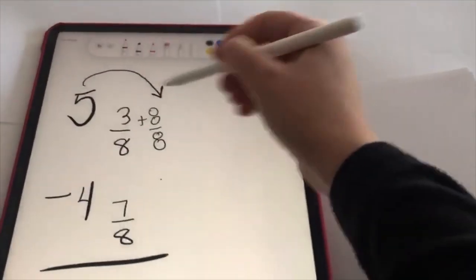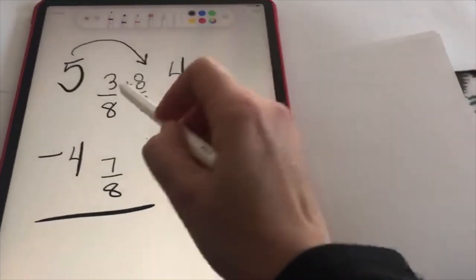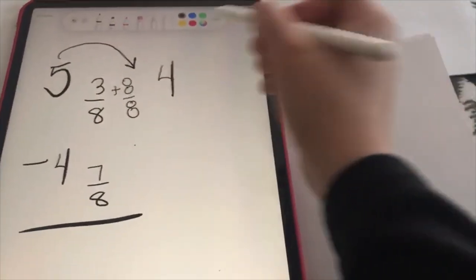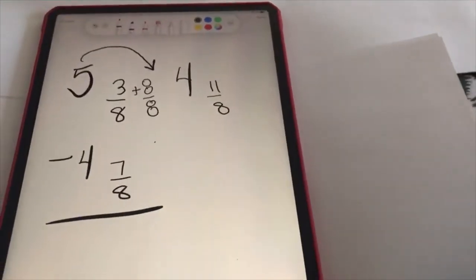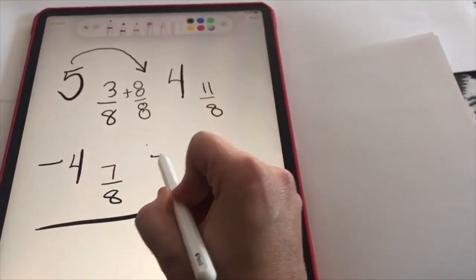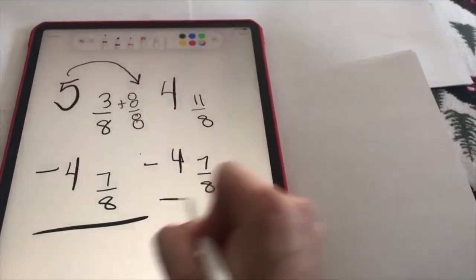So that 5 is then going to become 4. And 3/8 plus 8/8 equals 11/8. I am now going to come down here and subtract 4 and 7/8.